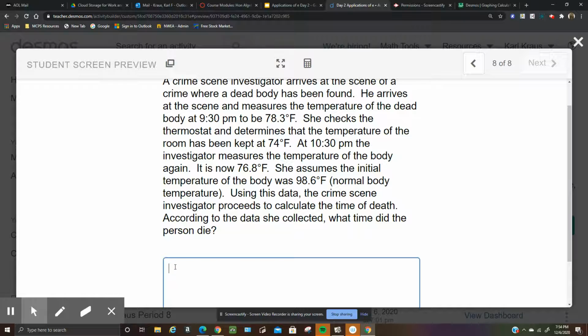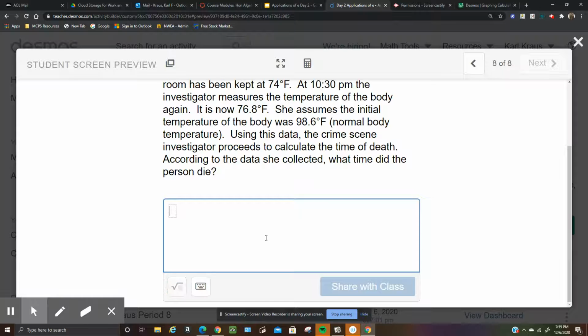So the final temperature is 76.8. And then the initial temperature is 98.6. The ambient temperature is 74.